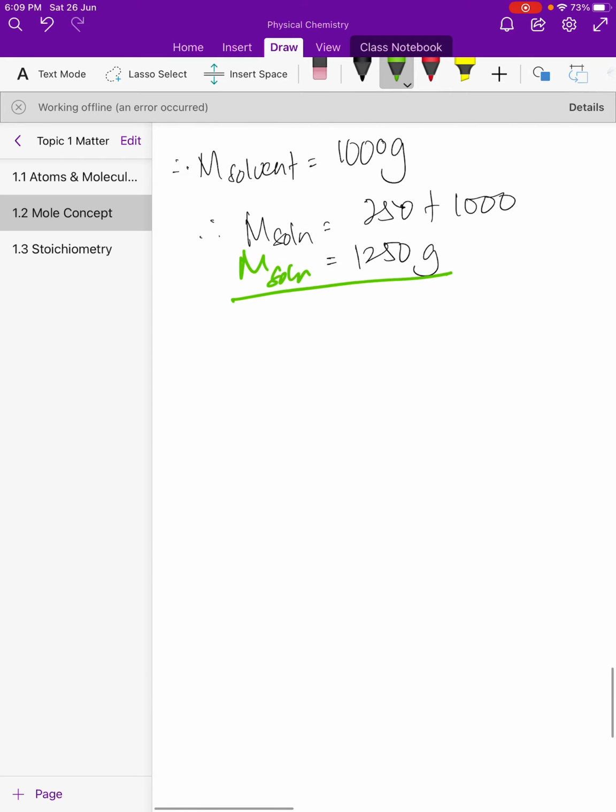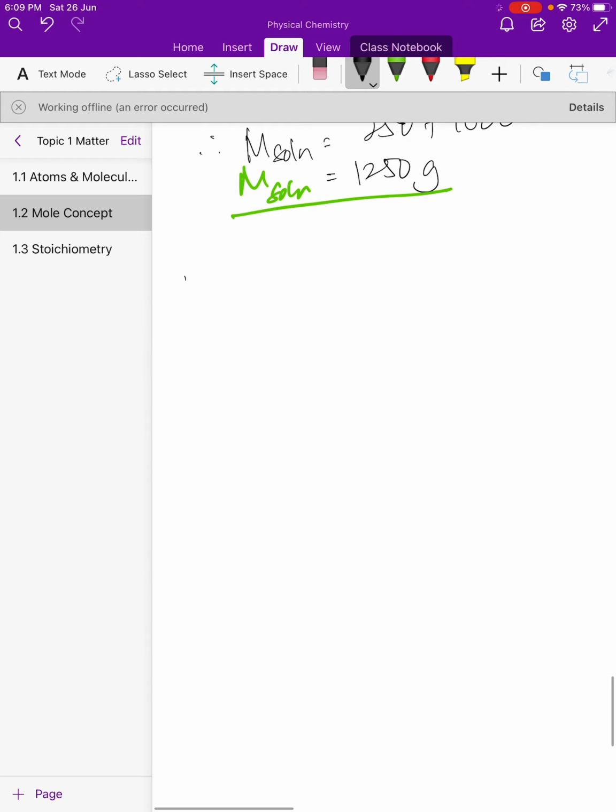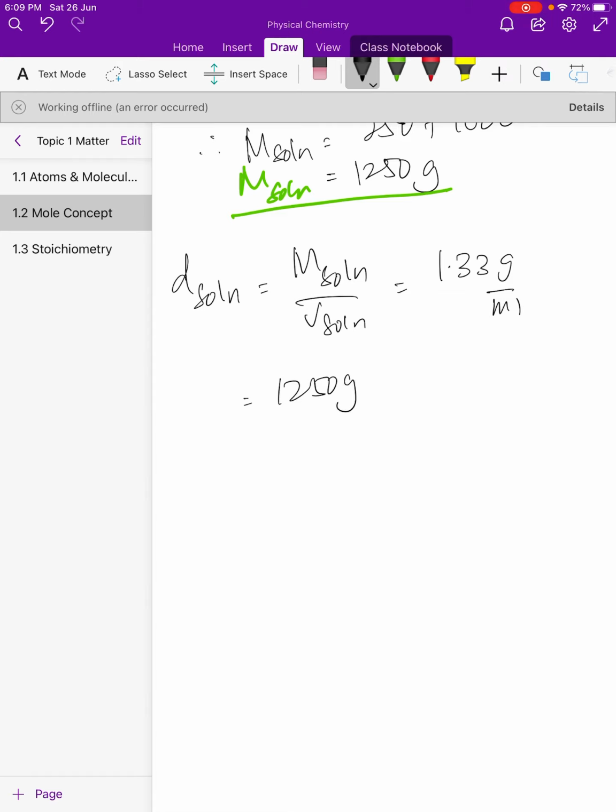So I rewrite here, density of solution equals mass of solution divided by volume of solution equals 1.33 gram per milliliter. Mass of solution 1250 gram. Volume of solution unknown, right?